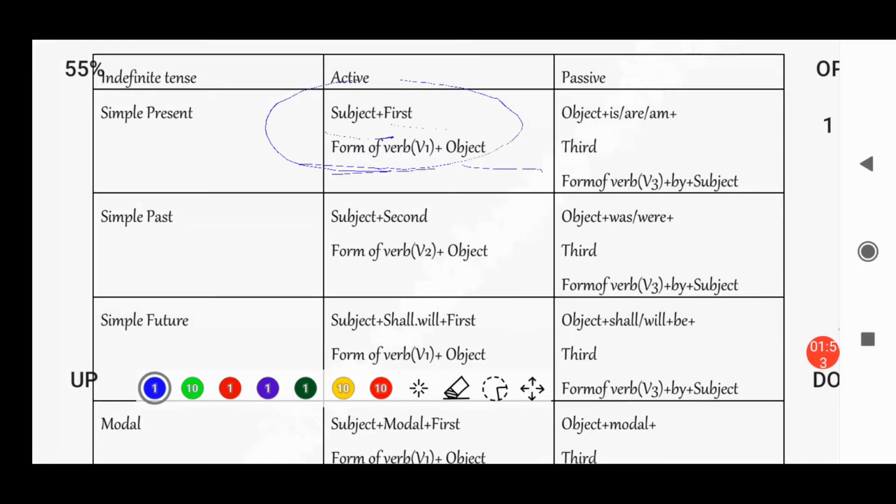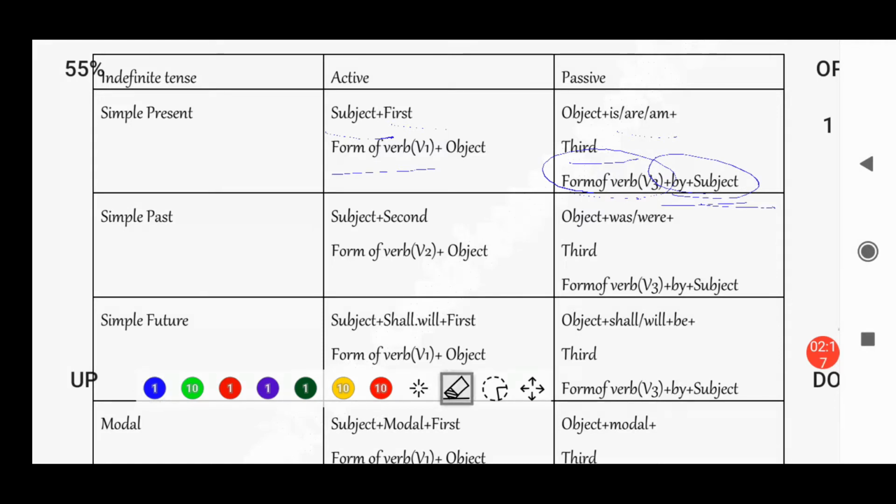Now on converting it into a passive voice, the object comes at the starting of the sentence, then a helping verb, either is, am or are, is applied according to the object. Then the verb first form is converted into the third form.